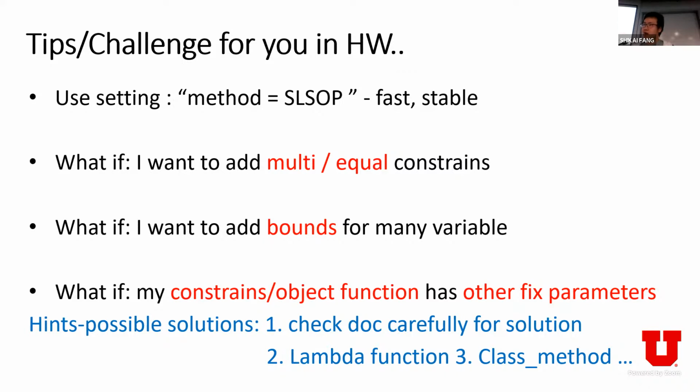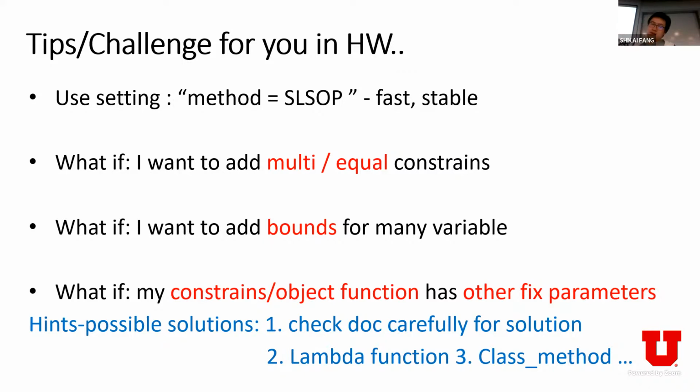Some inputs are variables you have to optimize, you have to learn. But some inputs are fixed, maybe some of your data, data features, or data labels. So how to handle that, when your objective function has some inputs as variables and some inputs as fixed things?